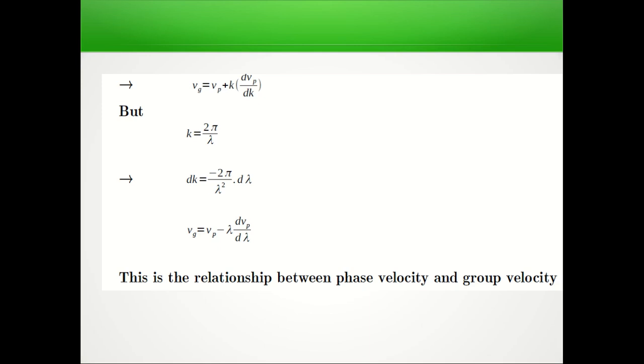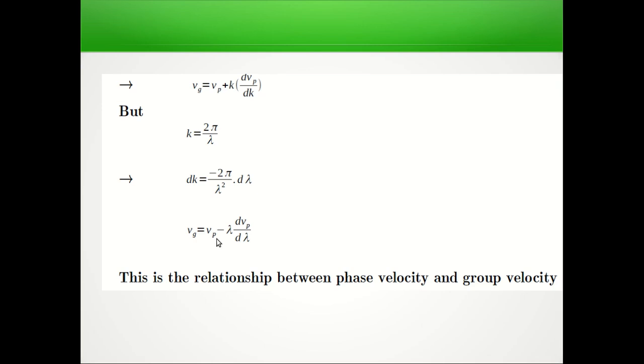So, whenever we consider this relationship between phase velocity and group velocity, we have to consider three cases. First, non-dispersive media, where this term is 0, so that Vg equals Vp. Next, dispersive medium with general dispersion, for which this term is positive, or group velocity is smaller than phase velocity.